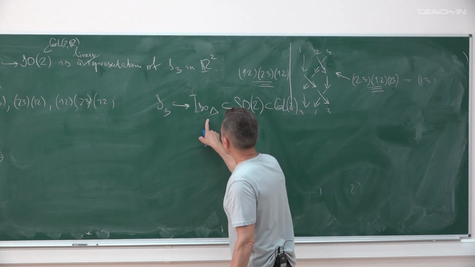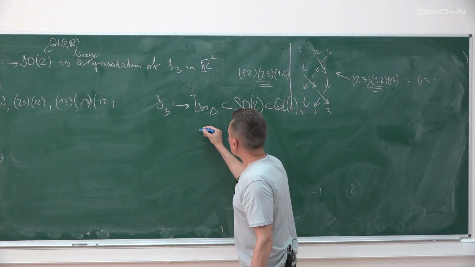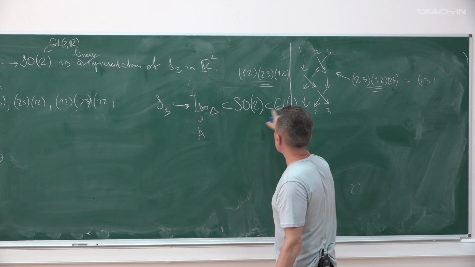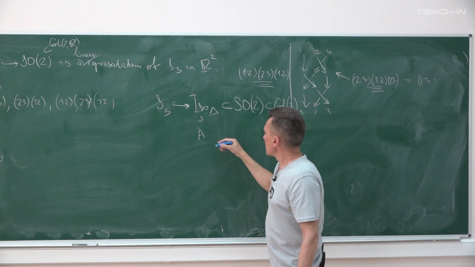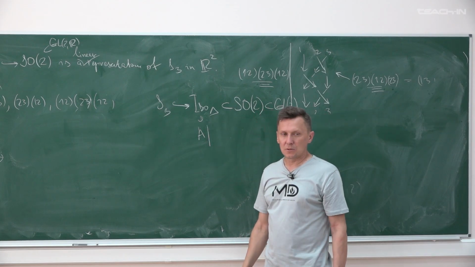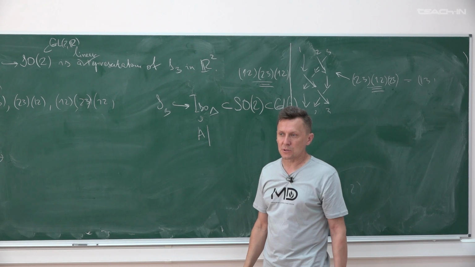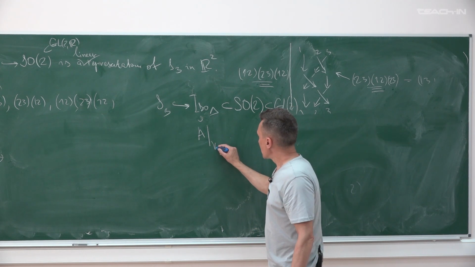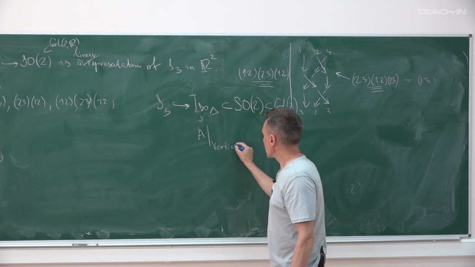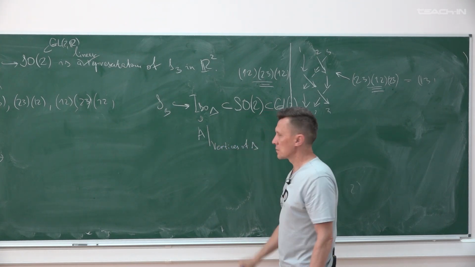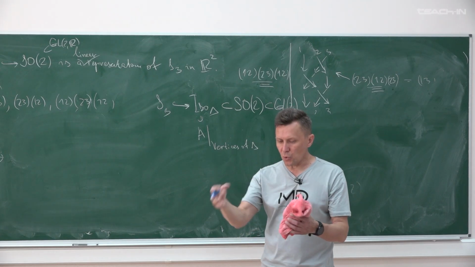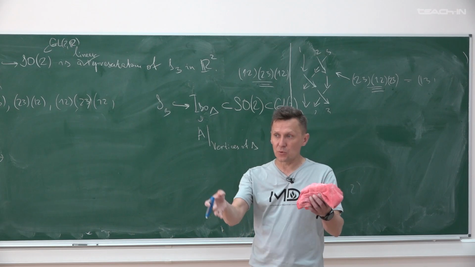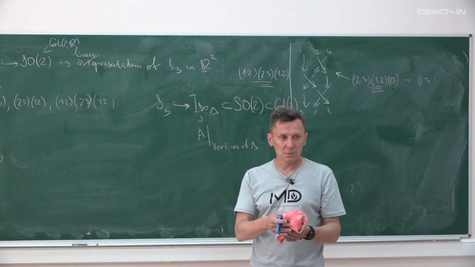Now, if you have an element A here, we can restrict it to the set of the vertices of the triangle. So we transform all points of the triangle to the points of the triangle, but the vertices are transformed into vertices.